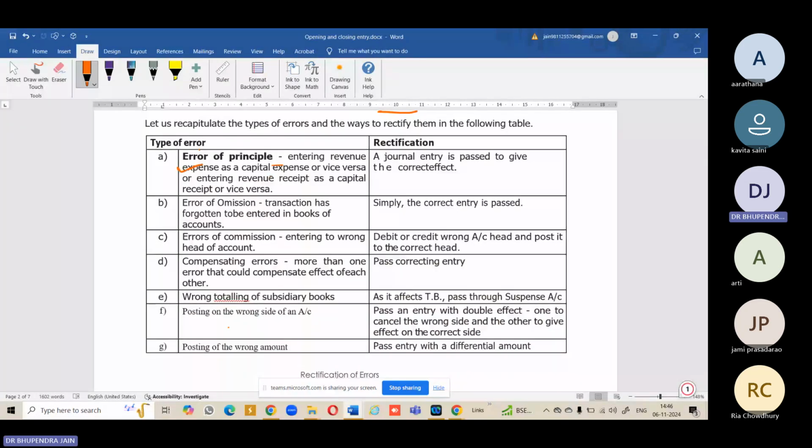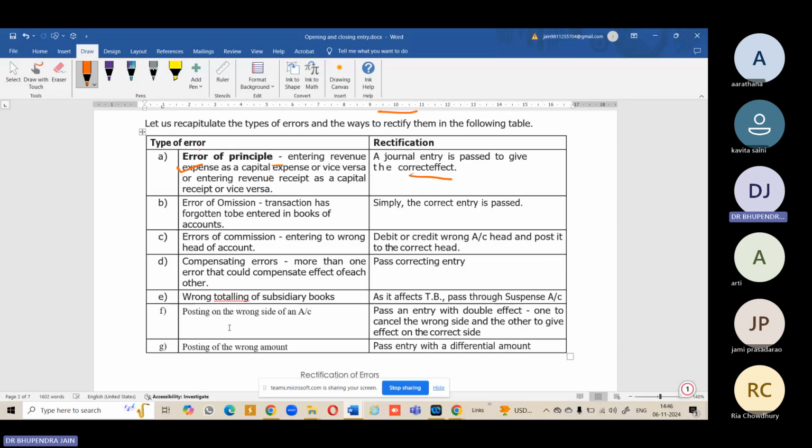If there is an error regarding a conceptual mistake, a principal error, this is called an error of principle. For example, if you treat capital expenditure as revenue expenditure and revenue expenditure as capital expenditure, such a mistake is treated as an error of principle. How to rectify? A journal entry is passed to give the correct effect.